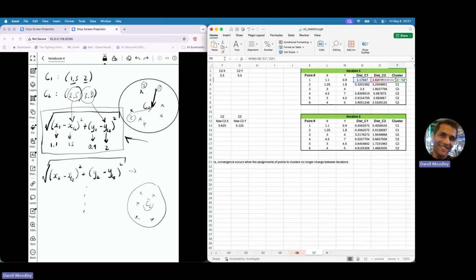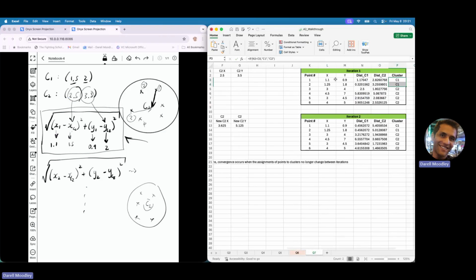But I'm just saying, if the value in n1 is smaller than the value in O, then make it C1, otherwise make it C2. It's up to you. And I'm dragging that formula down for everything, and you can see that 4 points in my example belong to centroid 2, and 2 points belong to centroid 1.